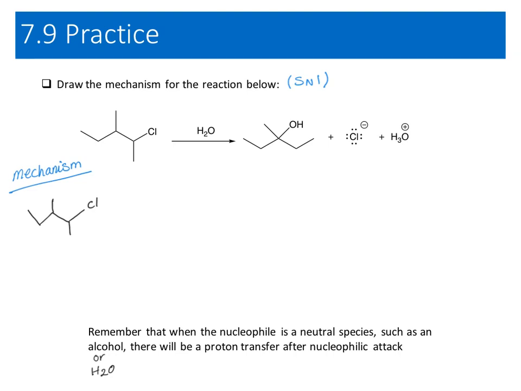Since this reaction is happening through SN1 mechanism, the first step is loss of leaving group. So chlorine leaves the molecule to form this carbocation.